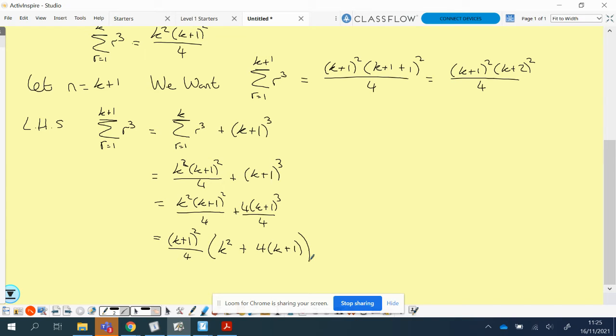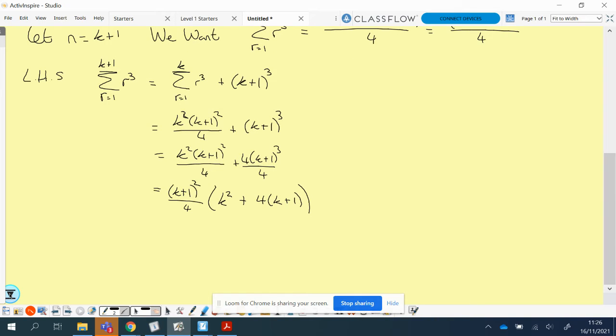Okay. You okay with what I've done there, yeah? What my common factor's been? Okay. And if I tidy this up, then I'm going to get k squared plus 4k plus 4, okay, which is a trinomial.